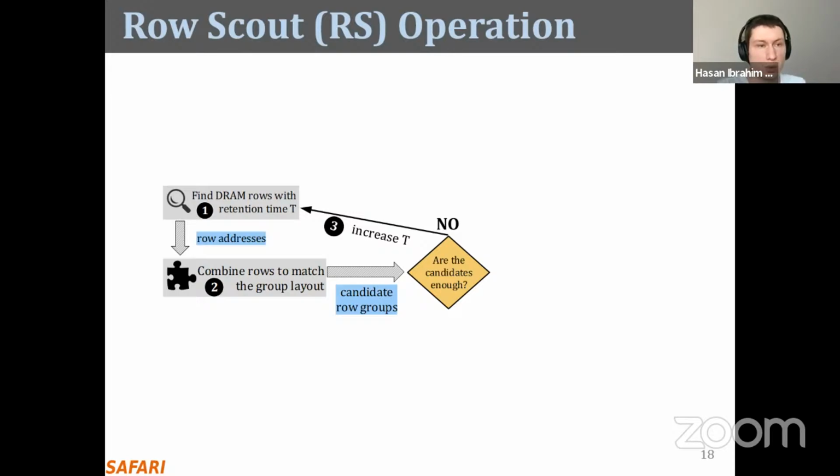And this again can be useful in the later analysis step when the user wants to look at which row the TRR mechanism detects first as an aggressor row, and basically in which order the aggressor rows are detected. If there are not enough candidates, we increase T and try to find more rows. This time, rows that will fail at higher retention times. So instead of the 100 that we initially started with, we will look for rows that fail after 200 nanoseconds, maybe. Oh, sorry, 200 milliseconds.